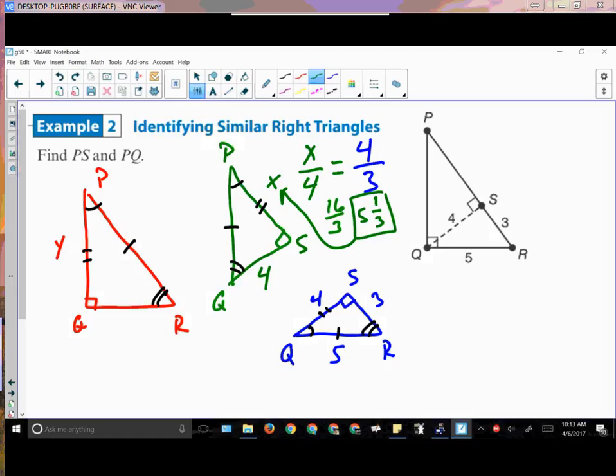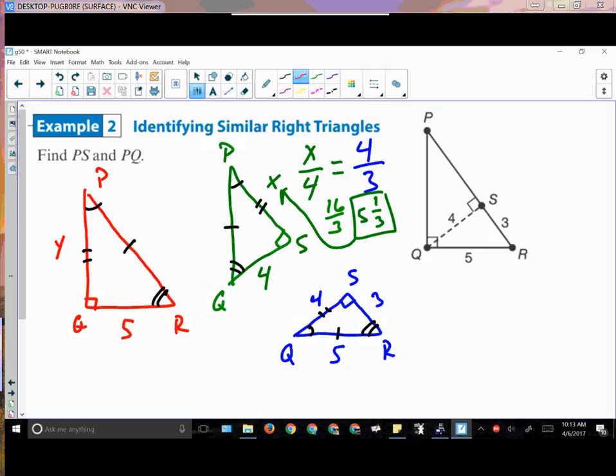Now I need to set the same thing up over on the red one. So Q to R. Q to R has a distance of 5 here. So that means I get to use 5, and I'm looking for Y. So again, which one corresponds to which? So we set this up.